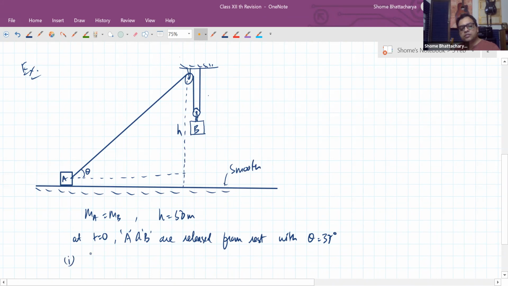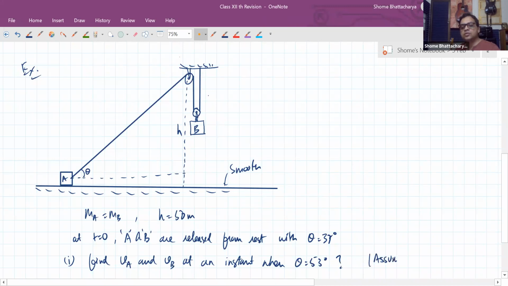So first thing, find VA and VB at an instant later when theta is equal to 53 degrees. Theta will increase with time, as you can see. Assuming that B has not hit the floor yet. Okay.